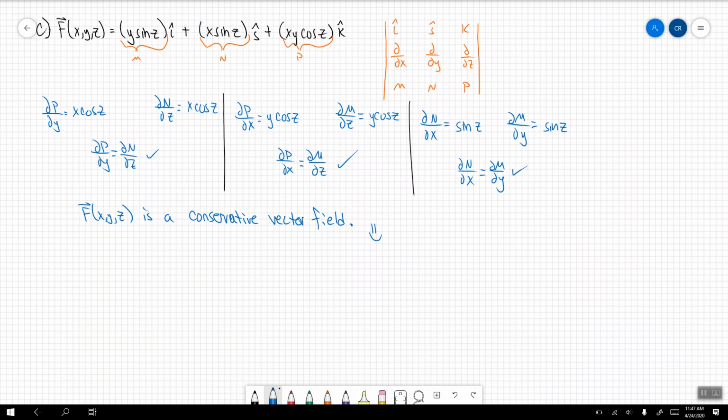All right, so what we're going to do is start by looking at one of the definitions.